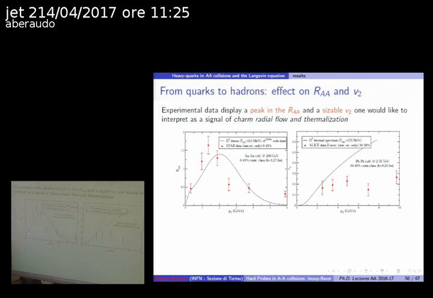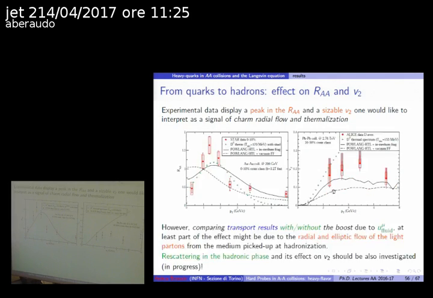So the interpretation would be that I have a part of charm which initially had a smaller transverse momentum, but then is pushed by the collective motion of the medium, and I have some particles which acquire some collective transverse momentum. This could be a possible interpretation.